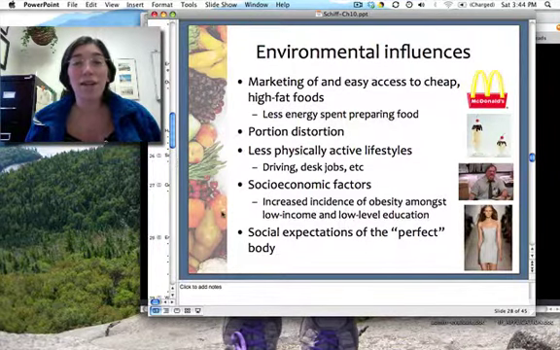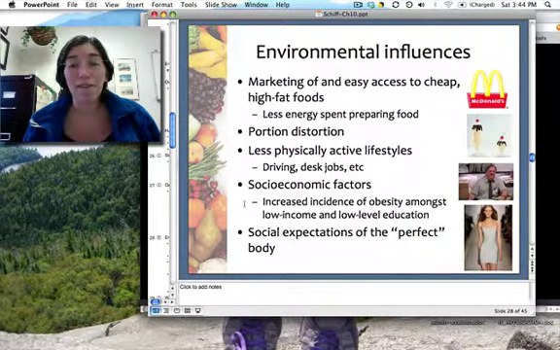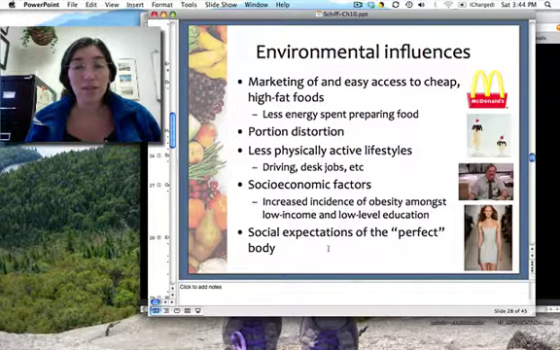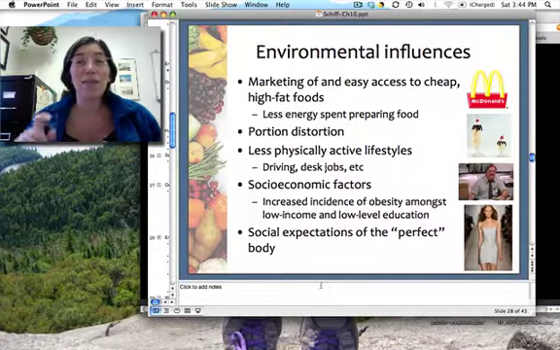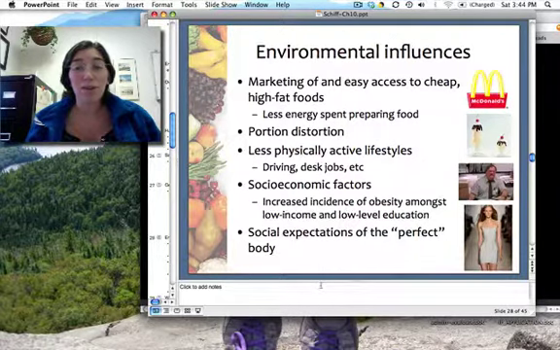Socioeconomic factors play a big role in obesity and overweight in the U.S. Numerous studies have shown that there's increased incidence of overweight and obesity in low-income individuals, and particularly in people who have lower education levels.